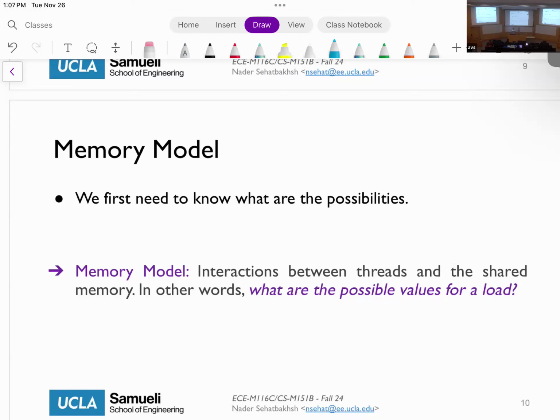A memory model is generally defined as the possible orderings of instructions within one core. What can and cannot be reordered is dictated by the memory model. When we are designing our ISA and our microarchitecture, we have to pick a memory model and stick to that, and we have to announce it to the software developer.